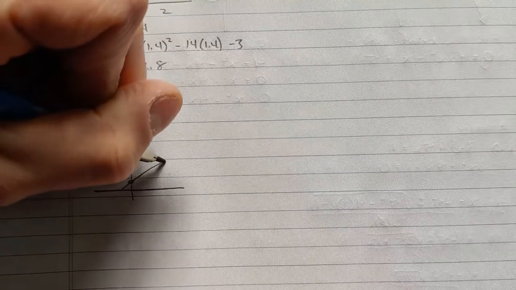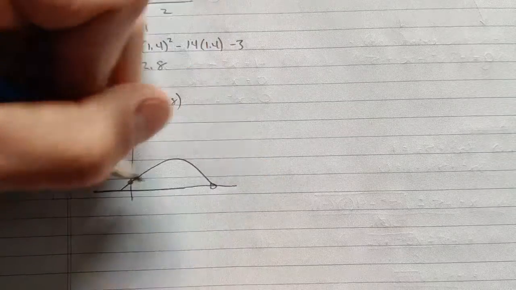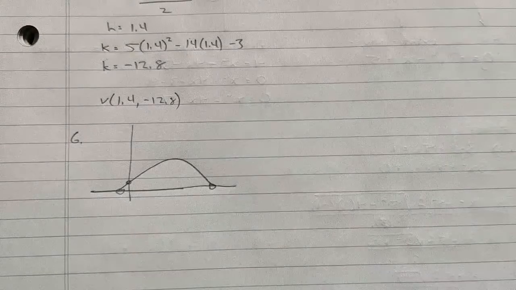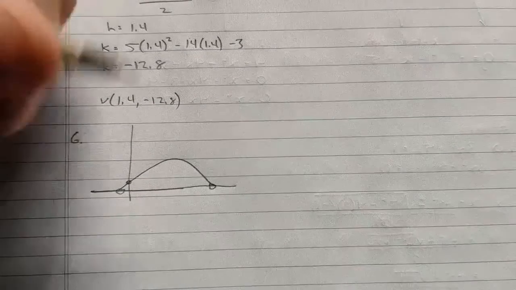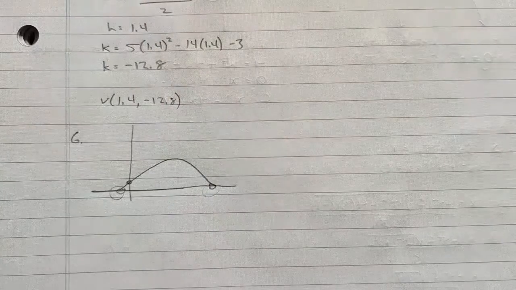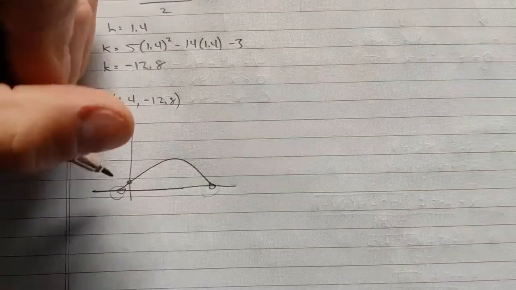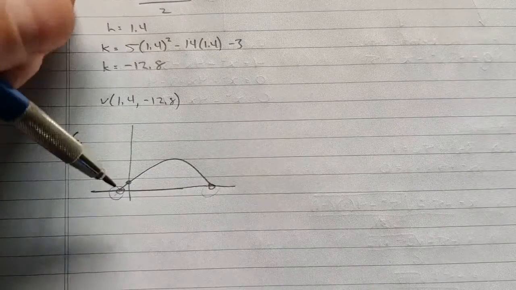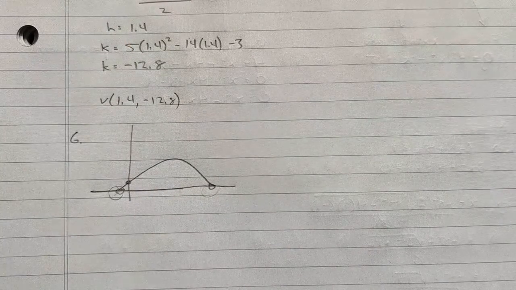And then we'll have these 2 zero values that we'll get from using the quadratic formula. And we will get one negative value, one positive value. And then the negative value we will disregard because we're not worried about that. We're just worried about this value, which will tell us how far the ball has traveled horizontally.